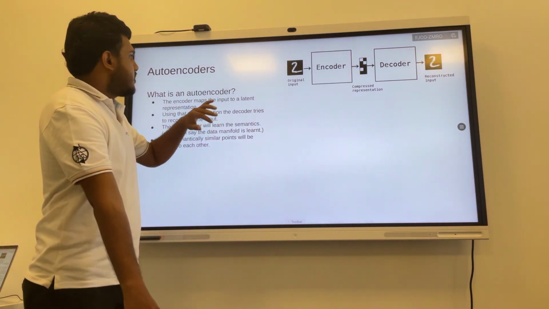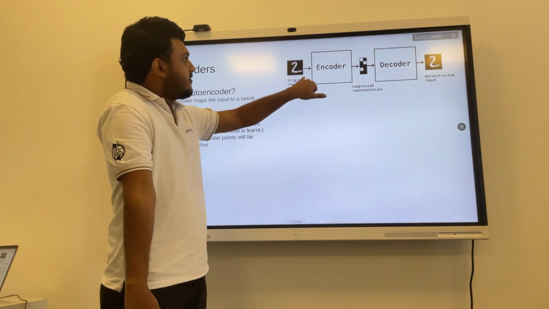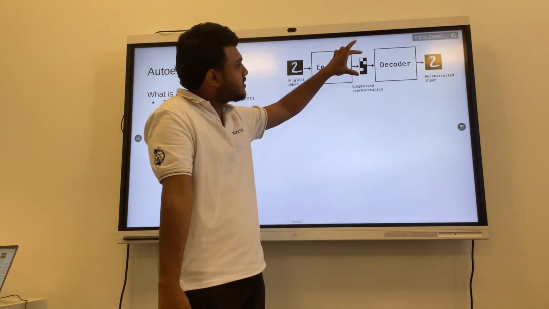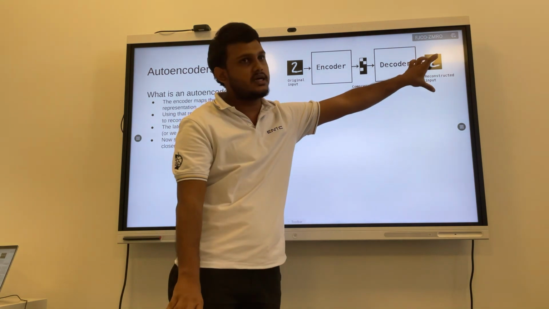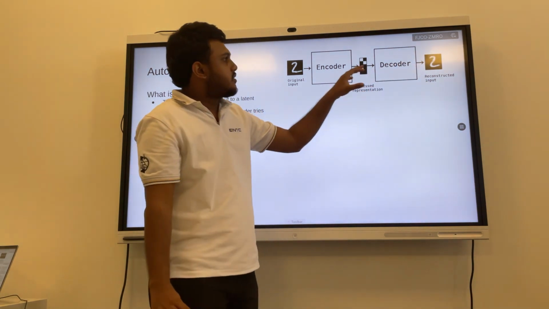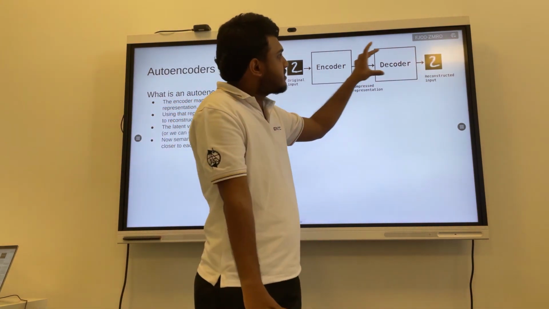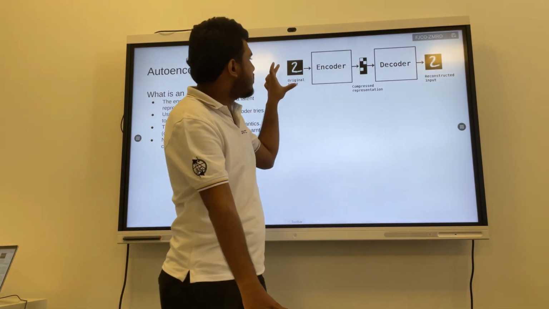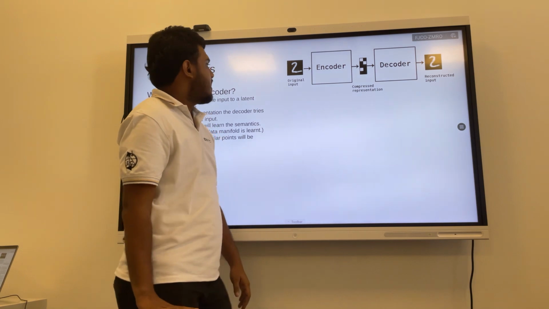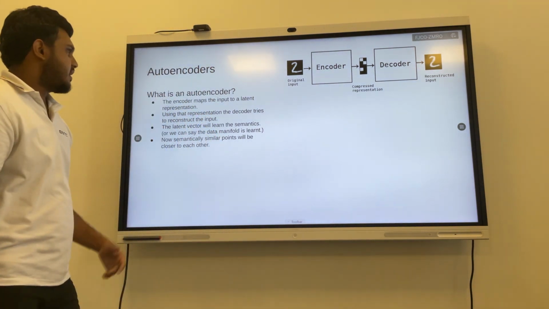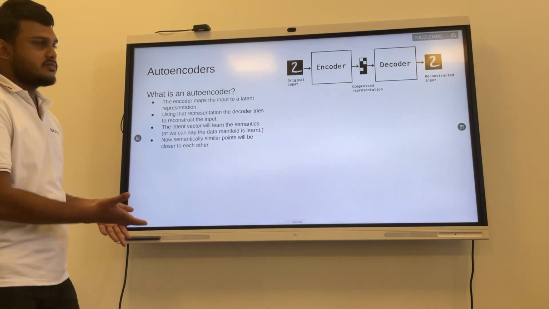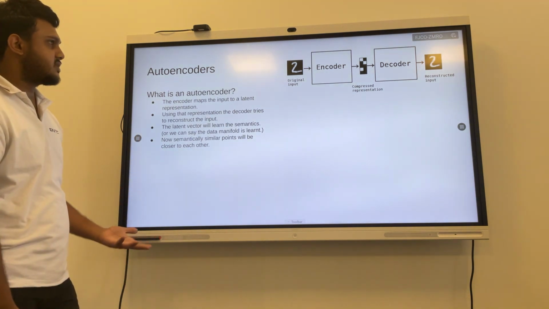So we will give an input image and reduce it down to a latent representation, and using this latent representation we will try to reconstruct the image. The thing is, in order to reconstruct the image again, this latent representation should have a good understanding of the input image. And to do that reconstruction, it needs to learn the data manifold, we can say.